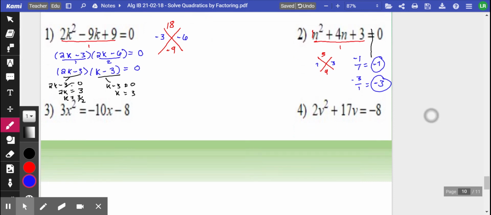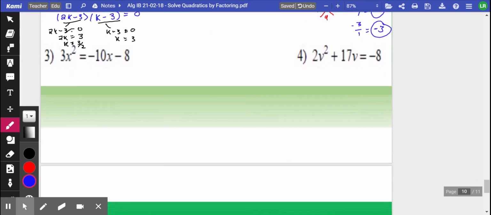For number 3, you do need to make it say equals 0 first. So I have some things to move. I got to add 10x to both sides. And I have to add 8 to both sides. Make sure you put it in the correct order. So I have x squared, x, number equals 0.